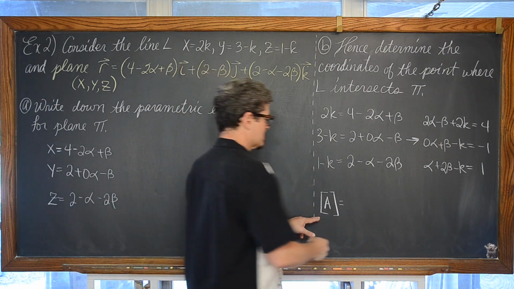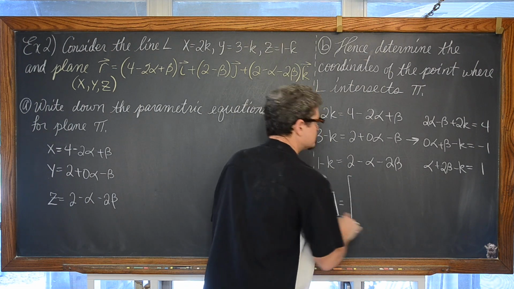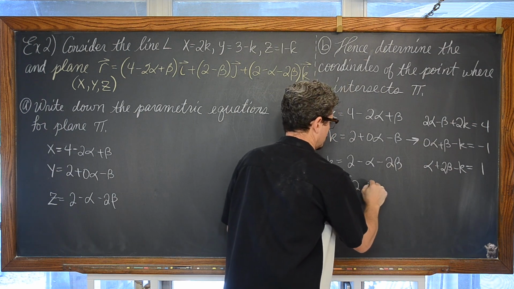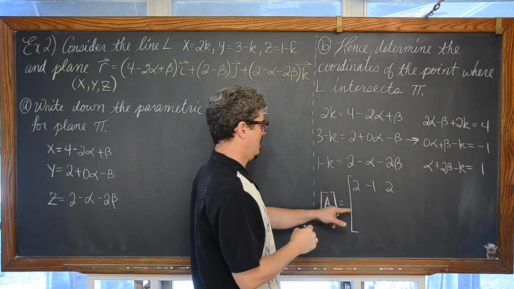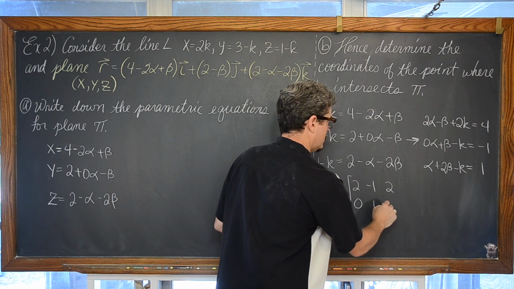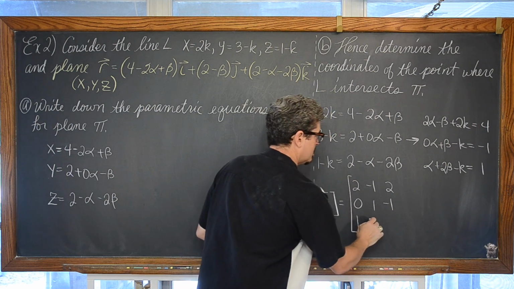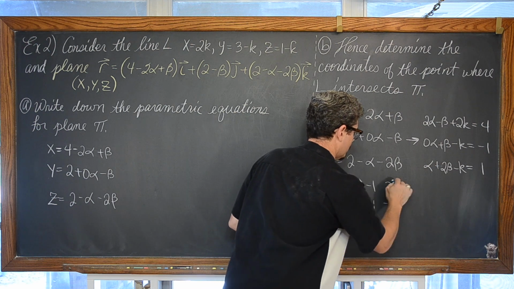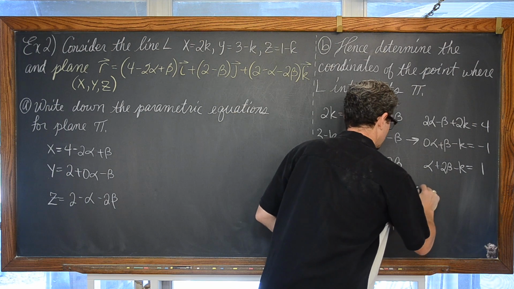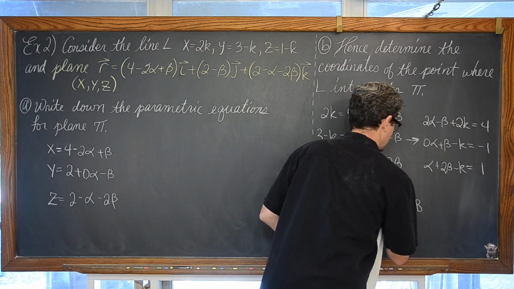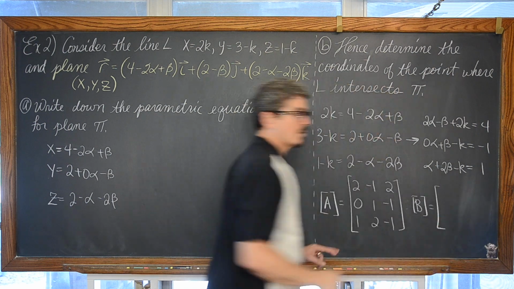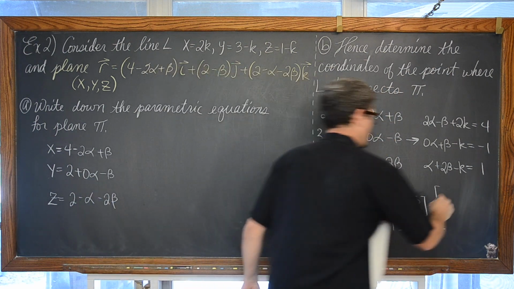So we can set up matrix A as being the coefficients of 2, -1, 2, and 0, 1, -1, 1, 2, and -1. And then matrix B is going to be equal to our constants, which are 4, -1, 1.